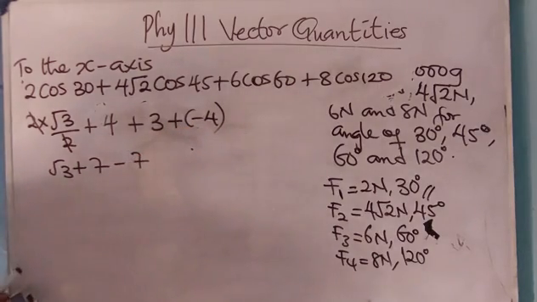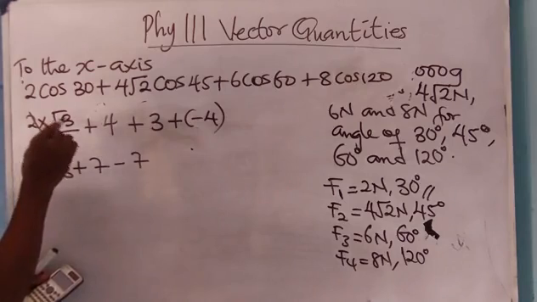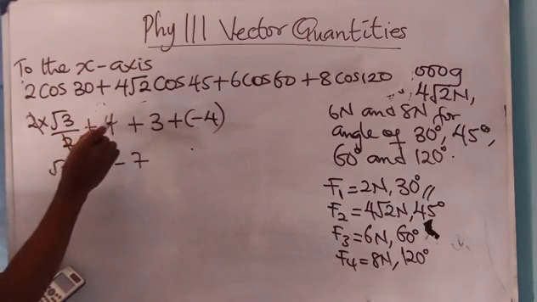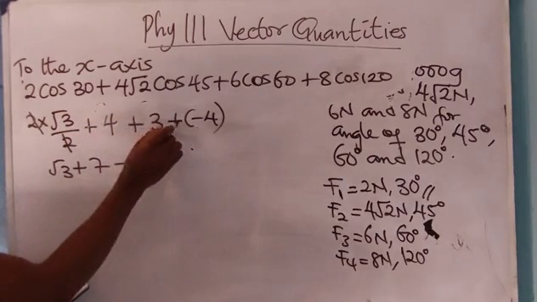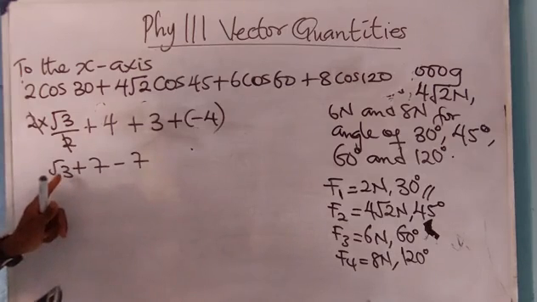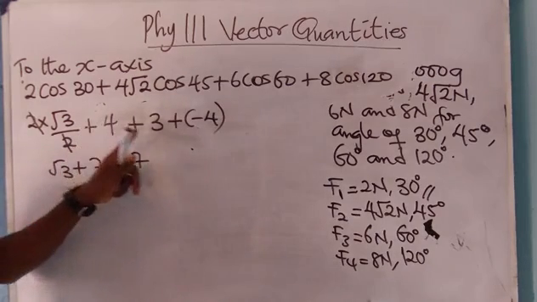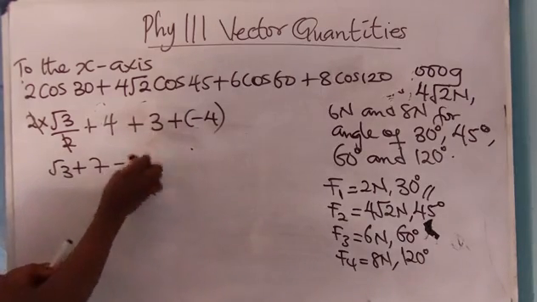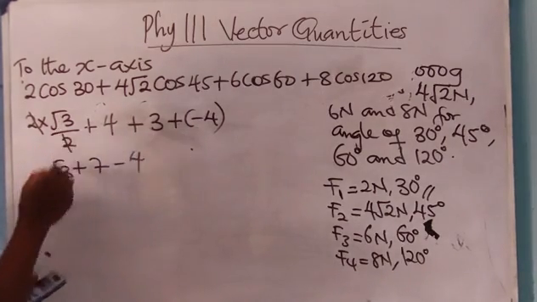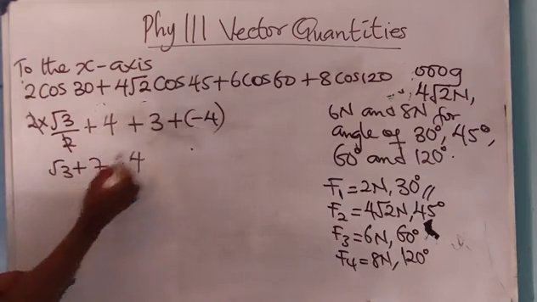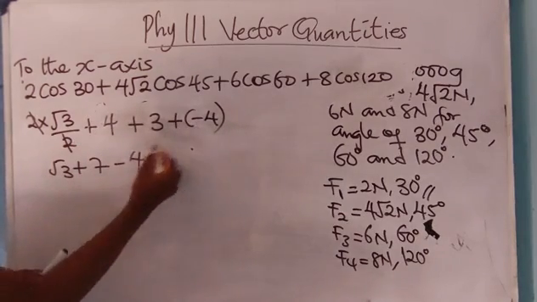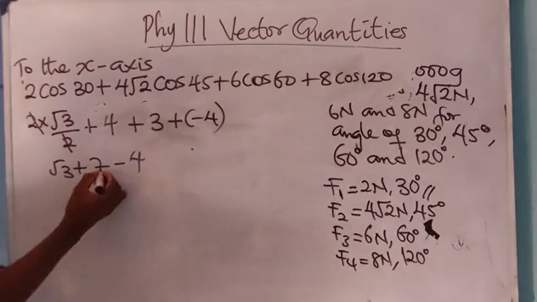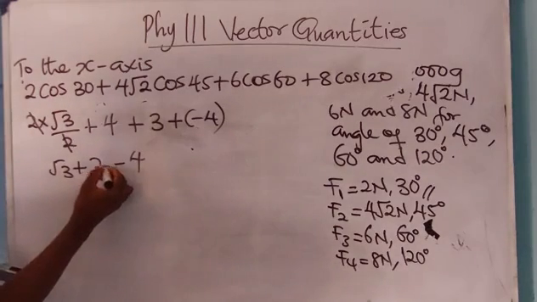7, right? That is root 3 plus 4 plus 3 plus this. Then this plus this is what? 7. Minus 4, that is root 3. This plus this is 7. Then plus times minus is what? Minus, then you have 4. So 7 minus this is 3.